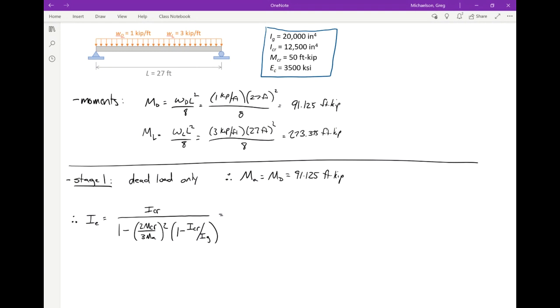So that equals 1 minus 2 times 50 foot kips over 3 times 91.125 foot kips, squared, and then 1 minus 12,500 over 20,000, and that's all under 12,500.